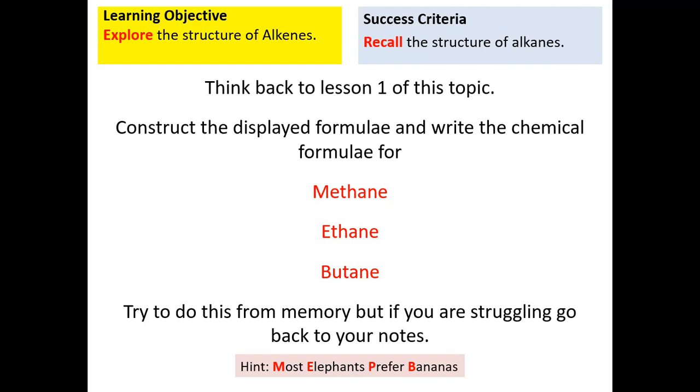I've not just named the first 3. So methane, ethane, then there's another one, then butane. So draw those out, showing all the bonds, and write the chemical formula as well. Remember that carbon will always make 4 bonds and hydrogen will always make only 1.